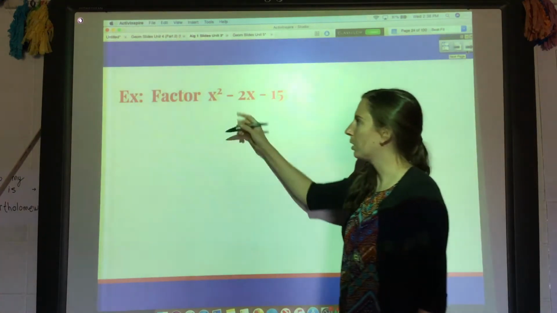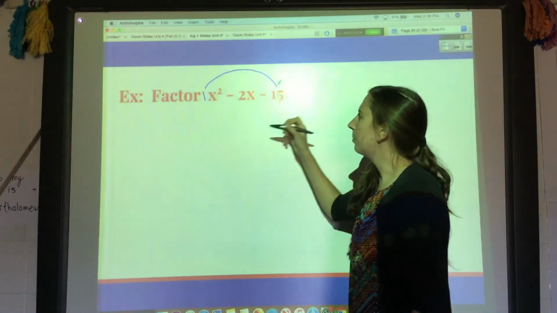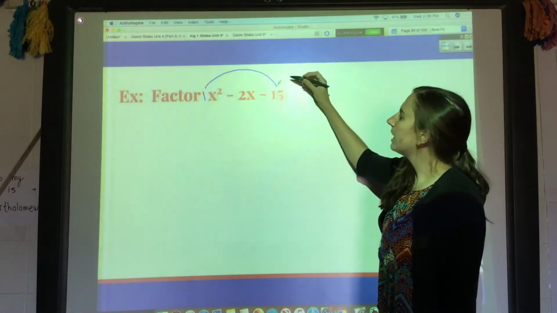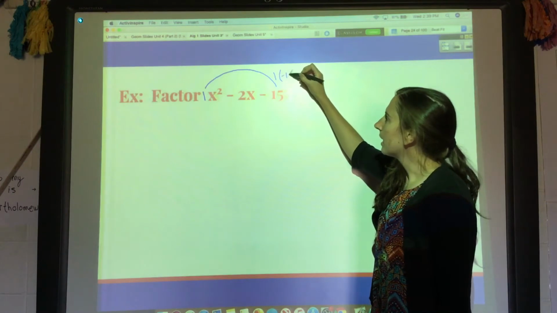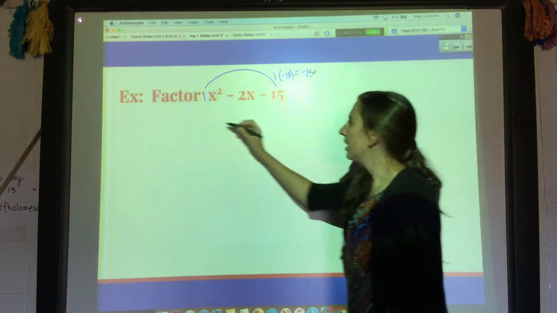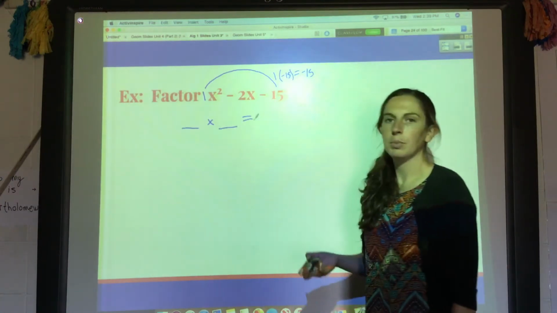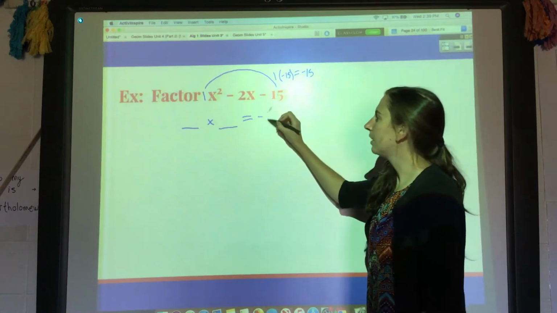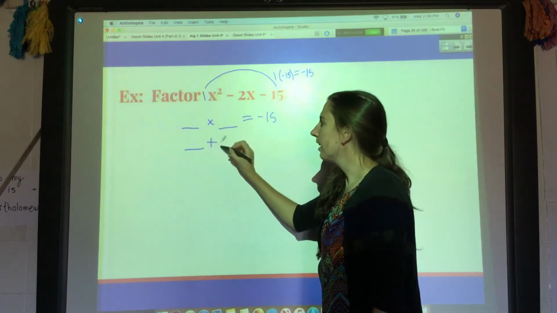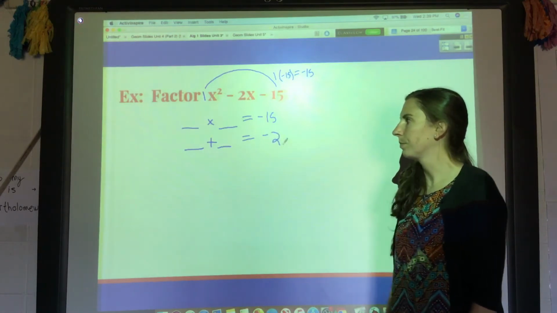Again, I'm going to rainbow whatever number's in front, in this case just a 1, times whatever's in the back, in this case a -15. So 1 times -15 is just -15. That's my rainbow number. So I'm going to set up my little puzzle. What two numbers multiply together to give me -15, but add together to give me the middle number, -2?